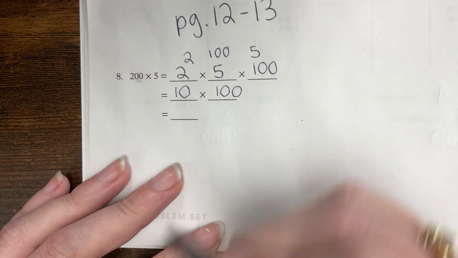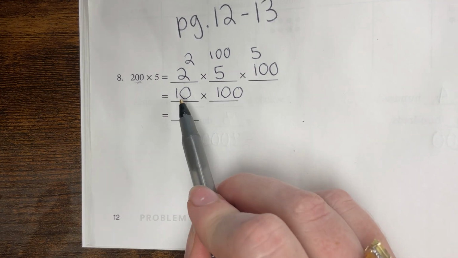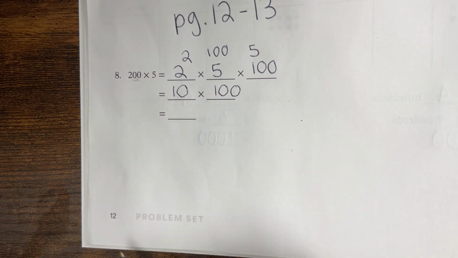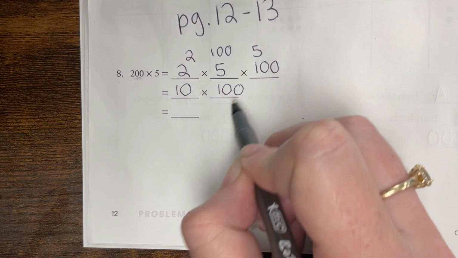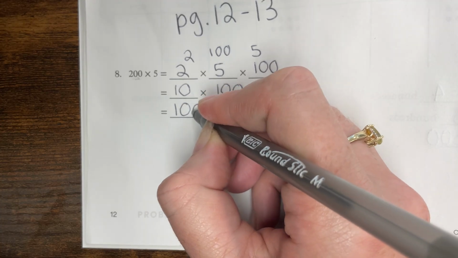This one will be a little bit different because when you have 10 times 100, you need to not just have 2 zeros at the end, but this will end with 3 zeros at the end.